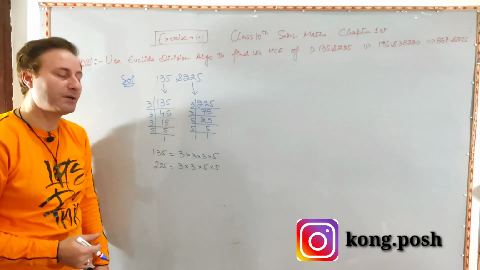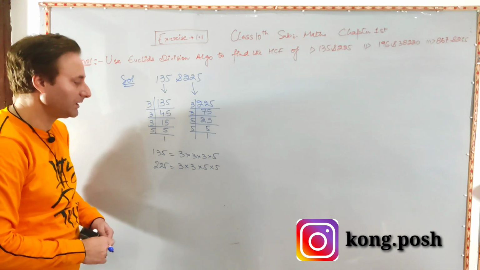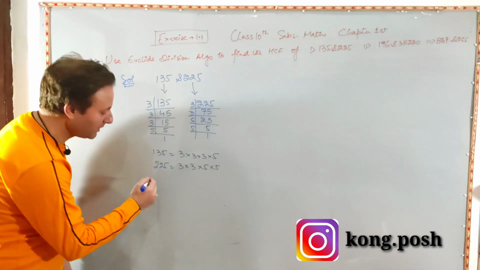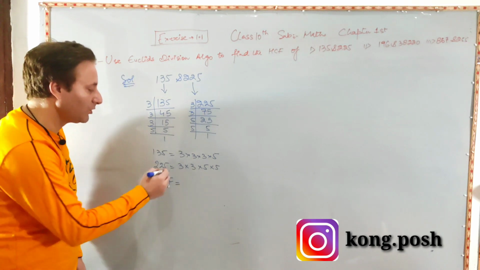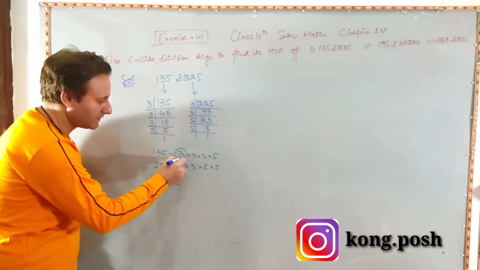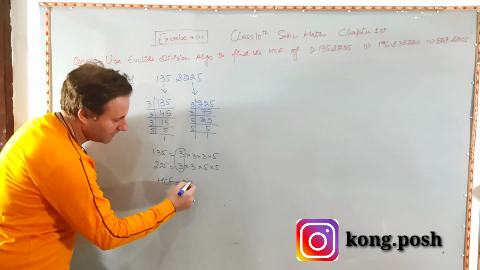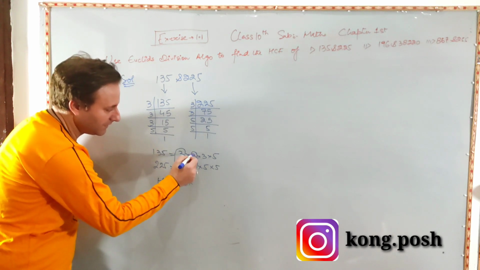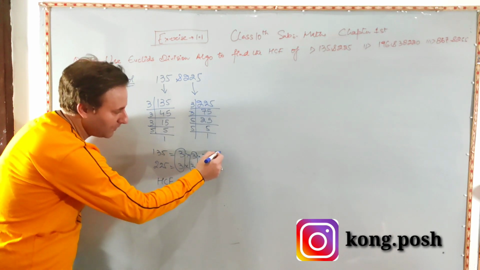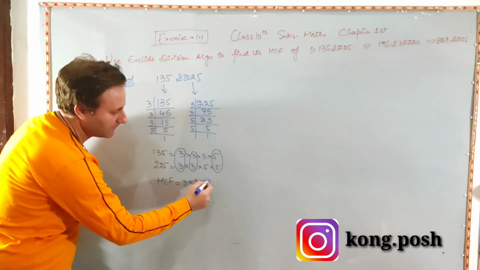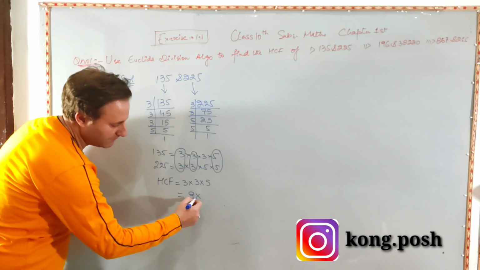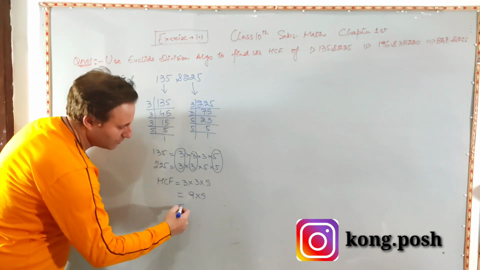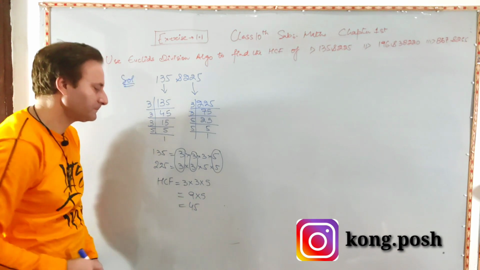You must remember, and you have done it earlier as well. When we are trying to find HCF, we see what the common things are. Here I can see the common thing is 3, then another 3, and then a 5 as well. If I multiply 3 by 3 it becomes 9, into 5, so it is 45.